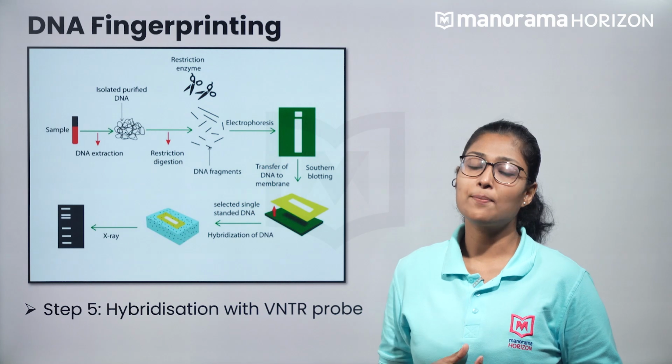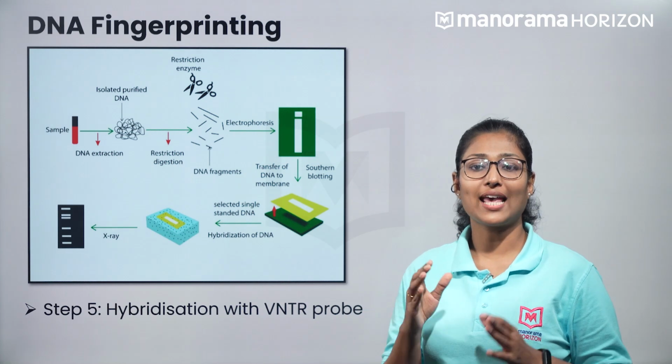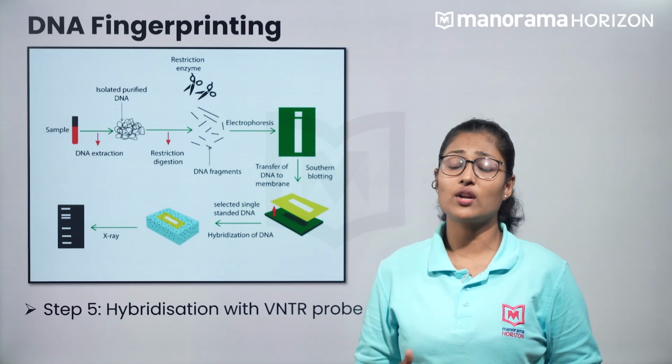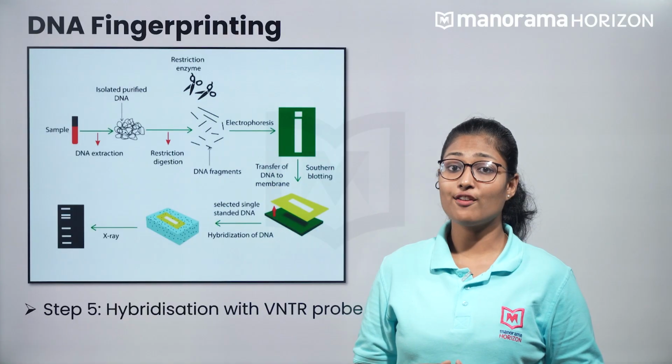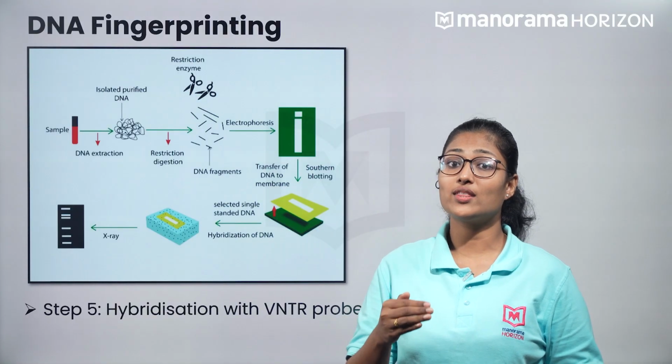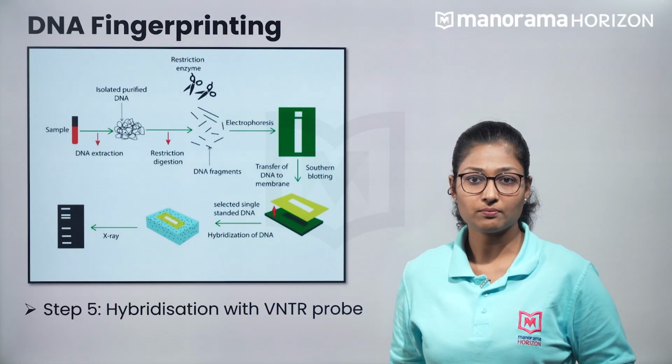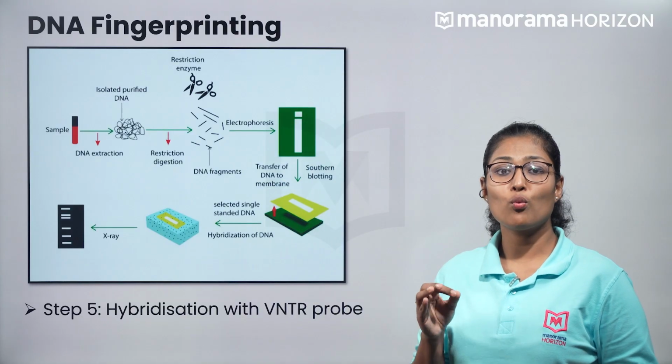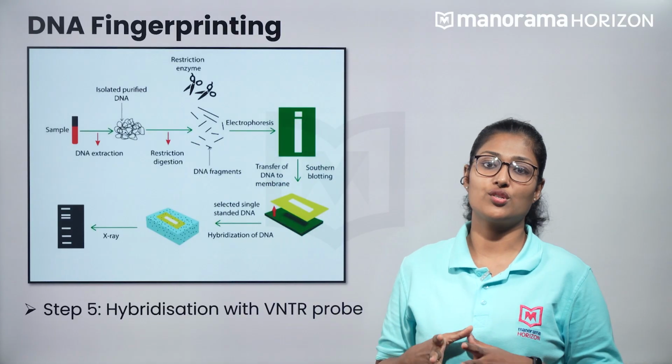So, what is a probe? A probe is any single-stranded DNA or RNA molecule that identifies the DNA or RNA with a complementary sequence. Here, the VNTR with a small sequence is used.